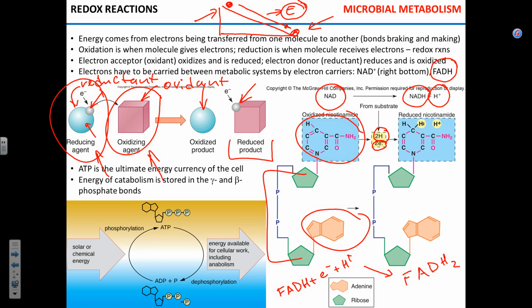Right? Now, all this talk about energy conversions, what is the ultimate goal of the energy flow in the cell? What is the final product of energy conversions? What is the molecule that provides energy for everything in the cell? ATP.